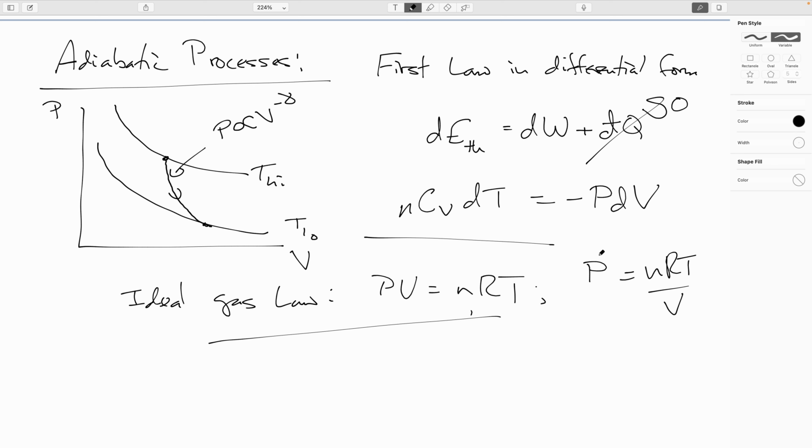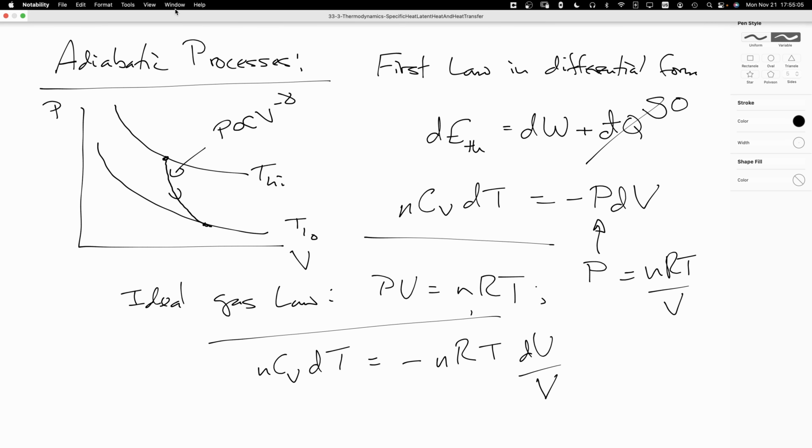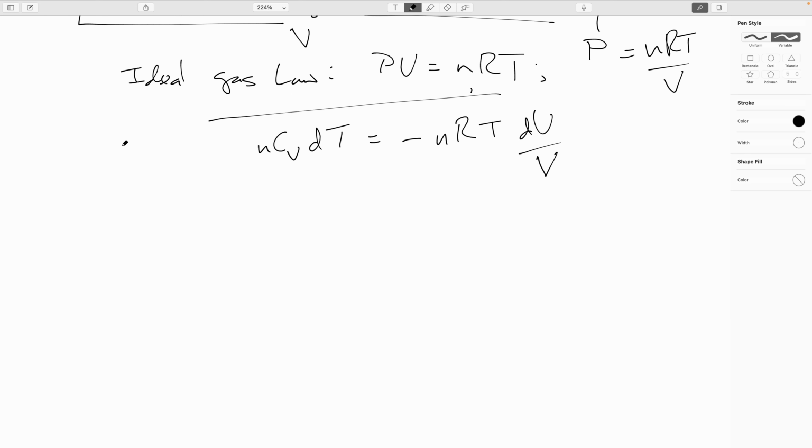And so substituting that in, I can now write nCv dT equals minus nRT times dV over V. Now if I divide both sides through by T and by nCv, we'll just cancel the n's.